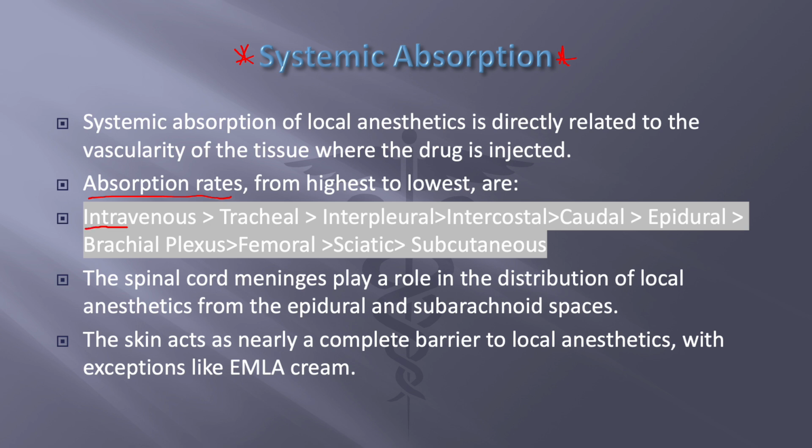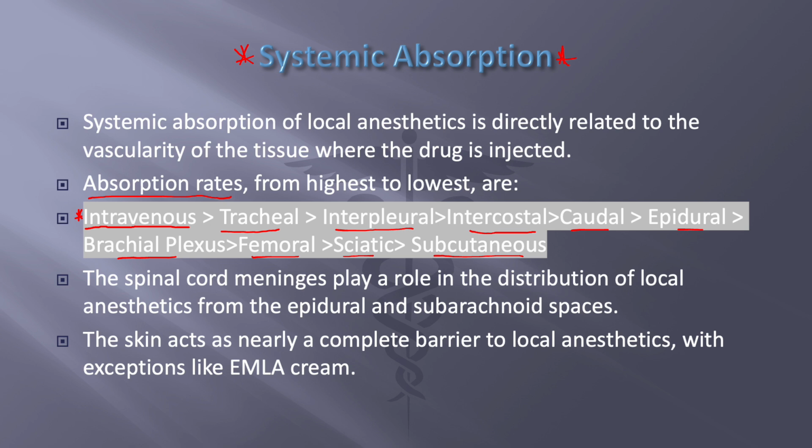Obviously, IV is going to have a huge absorption, as soon as we inject it into the IV space, we're increasing that concentration. Next is tracheal, intrapleural, intercostal, caudal, epidural, the brachial plexus, femoral, sciatic, and then sub-Q.